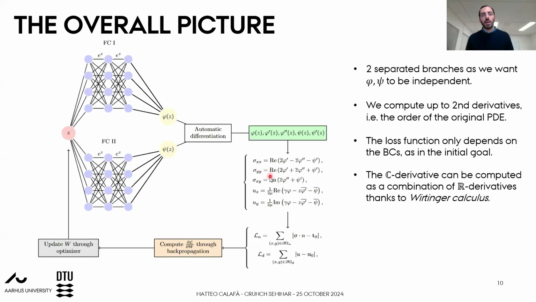So this gamma is the Kolosov constant, which can be obtained from mu and lambda. Essentially, in solid mechanics there are always two coefficients from which you can get the other coefficients and so on. So I guess theoretically it can be done directly in the Kolosov-Muskhelishvili representation.